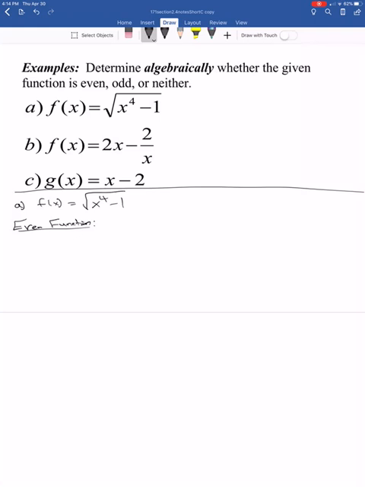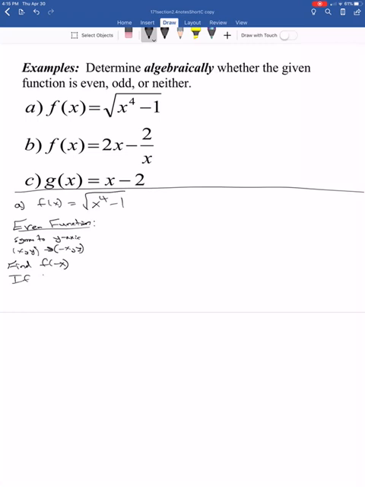I always do even first because you get half of what you need for the odd test. But with that said, what are we trying to do? We want to know if it's symmetric to the y-axis. Every ordered pair (x, y), are you finding the point (-x, y) on there? And the test is this: if you want to do it with function notation, find f of negative x.